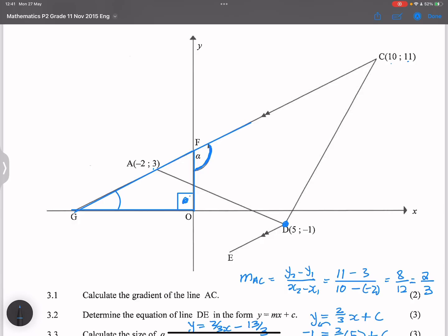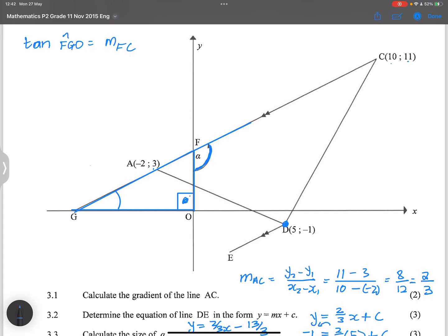Now, how can I find angle FGO? So we know that the tan of angle FGO is equal to the gradient of the line FG, which is the gradient of the line AC. We just found it.